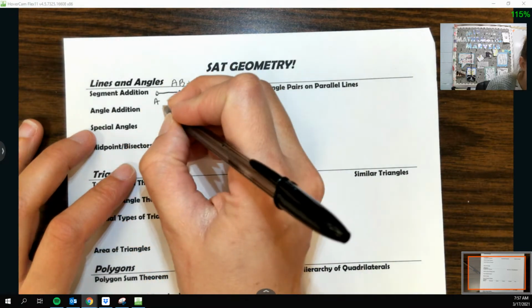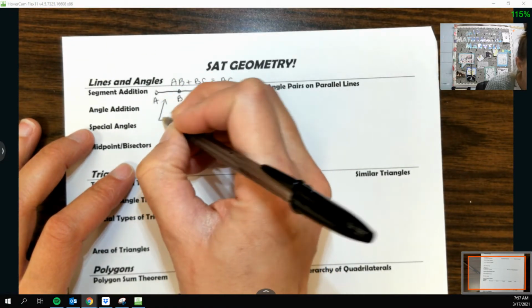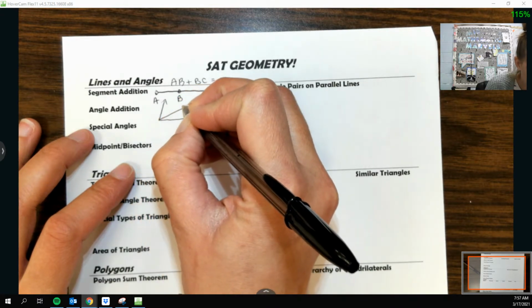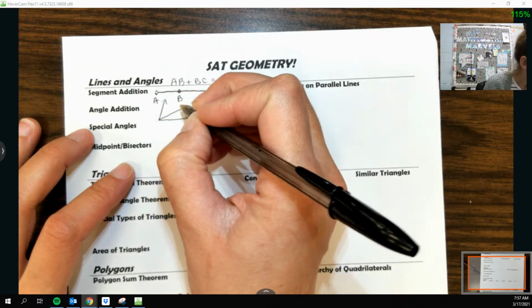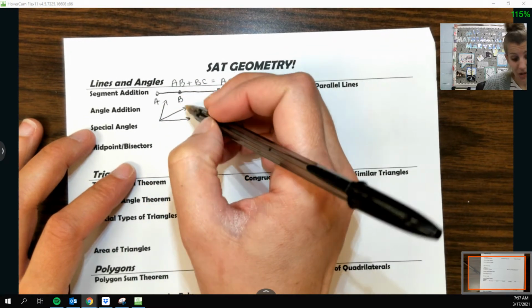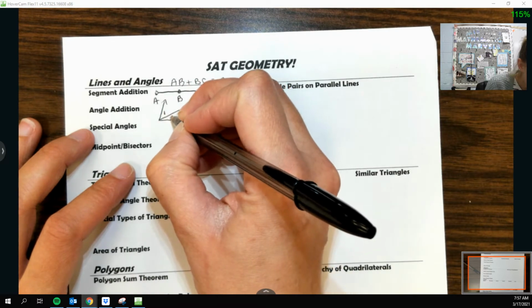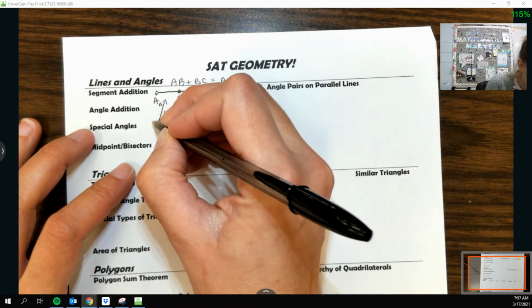I think that's pretty obvious. Angle addition is similar, except now you're looking at an angle that has a ray cutting into it. Normally we name angles with 3 letters, but just to be a little bit simple here, we'll call that angle 1 and this angle 2, and then the whole angle ABC.